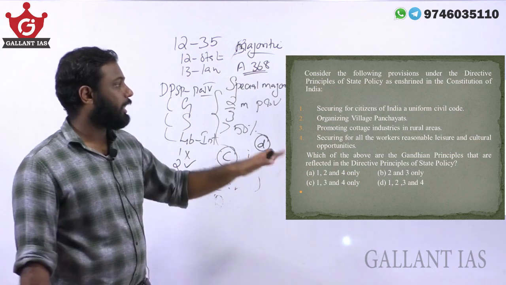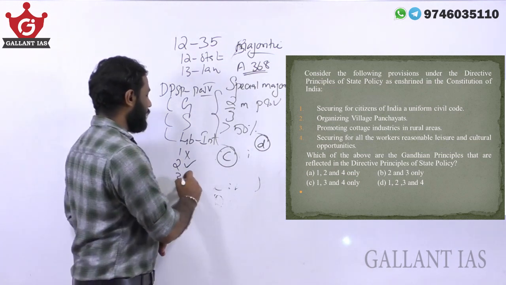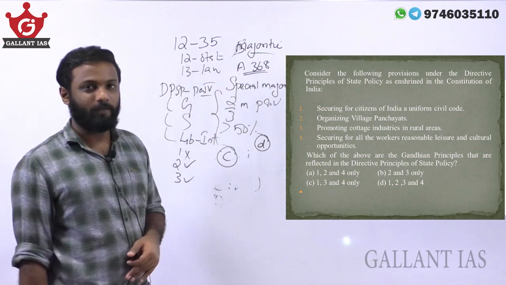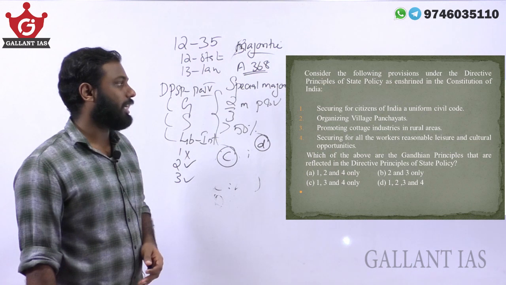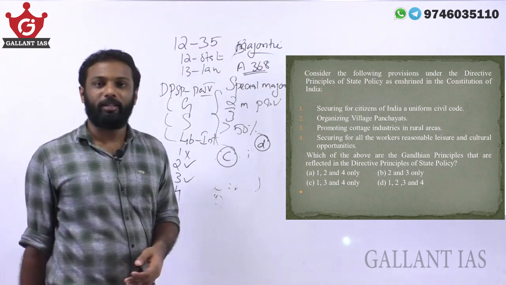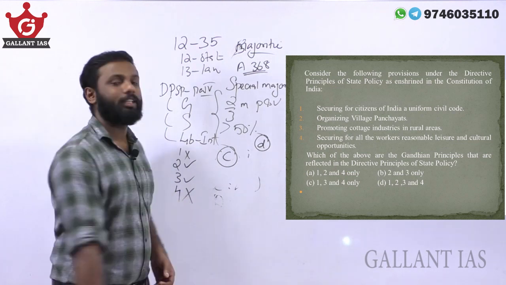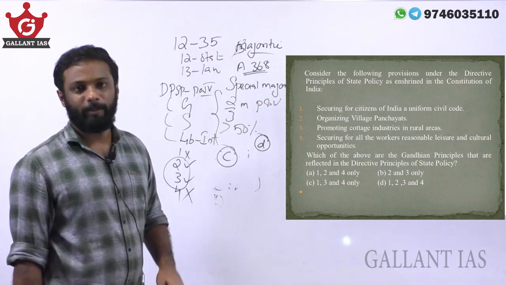Regarding option 3, promoting cottage industries in rural areas, that also reflects Gandhian principles. Regarding 4, securing for all workers reasonable leisure and cultural opportunities, reflects socialist ideologies, and it does not come under Gandhian principles. So the answer is 2 and 3, that is option B.